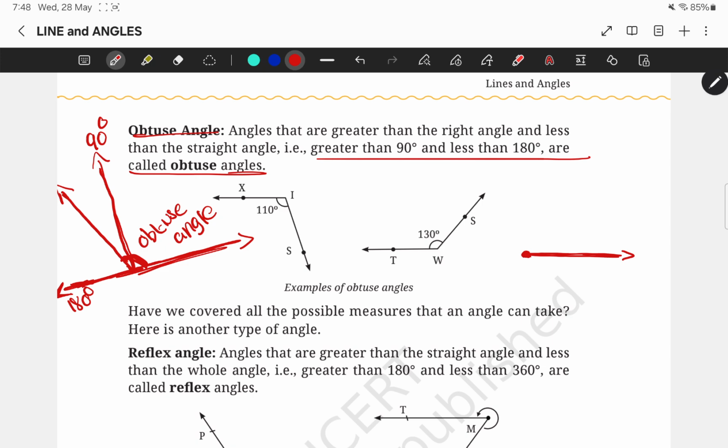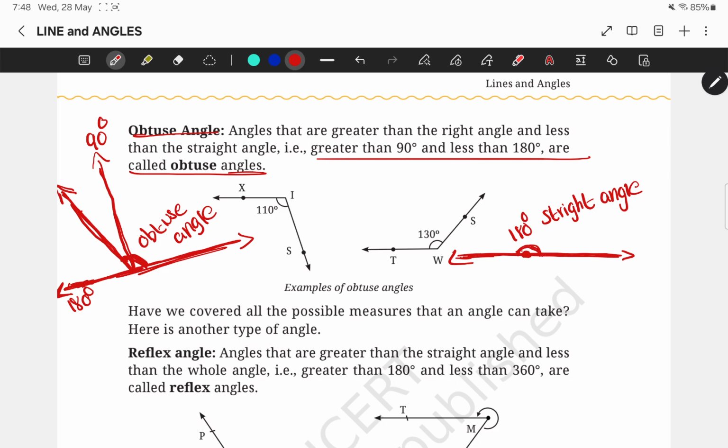Before going to the straight angle, I am again telling that the obtuse angle is this, greater than 90 degrees and less than 180 degrees. The straight angle will be here. So this is the vertex, and this angle is known as a straight angle, which is 180 degrees.